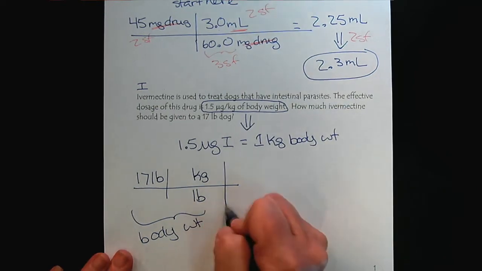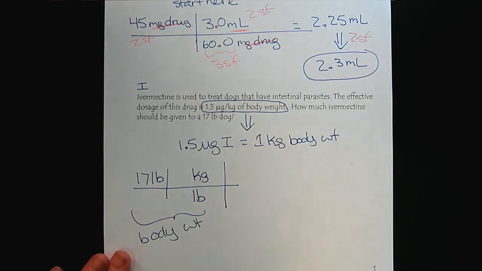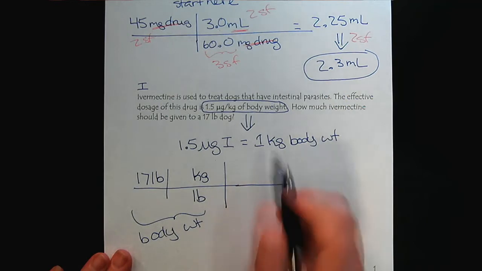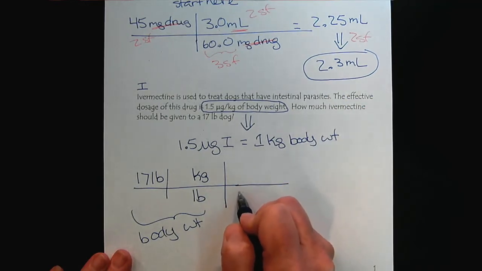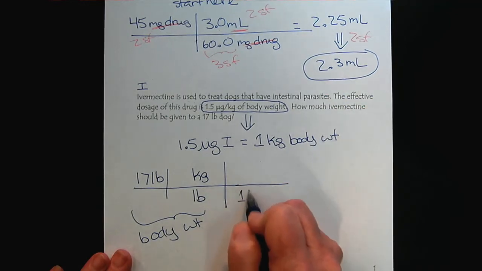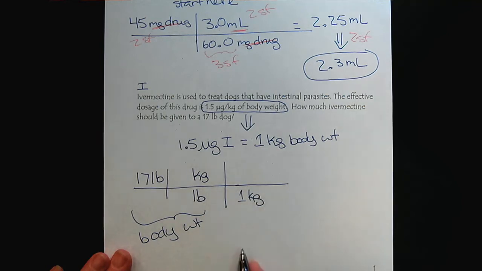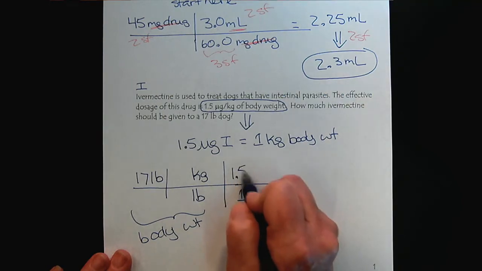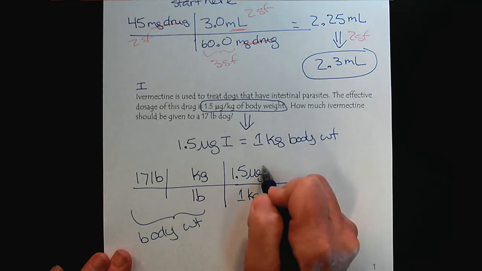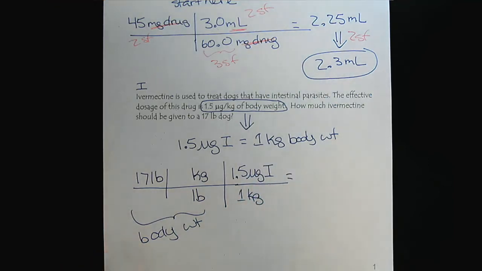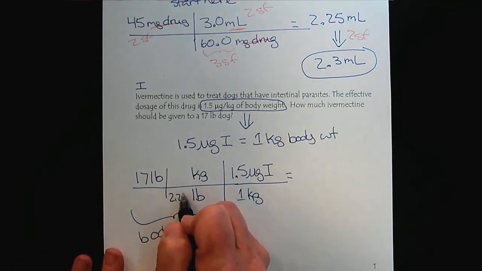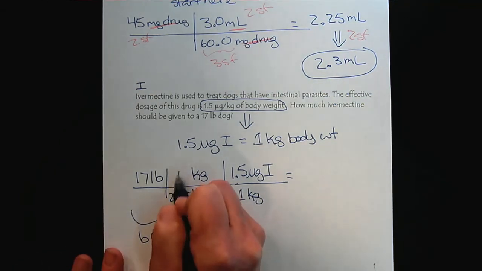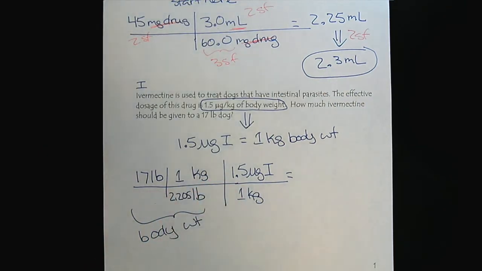And then once we have that conversion completed, we can bring in our dosage, that for every kilogram of body weight, we have 1.5 micrograms of ivermectin. By now, you've probably got this memorized, right? There are 2.205 pounds in a kilogram.